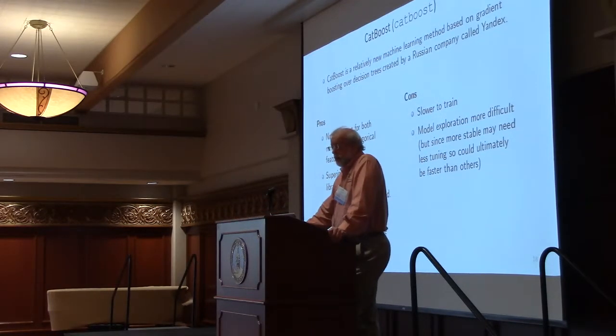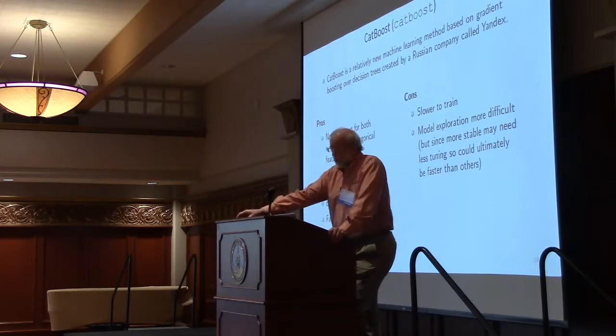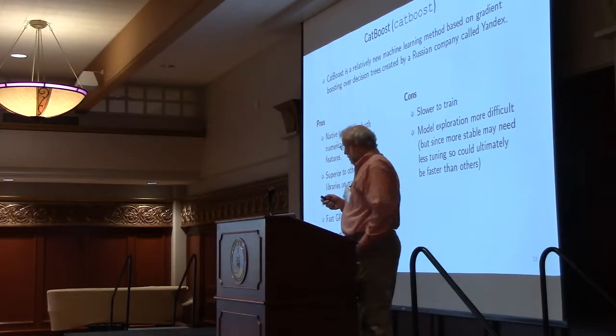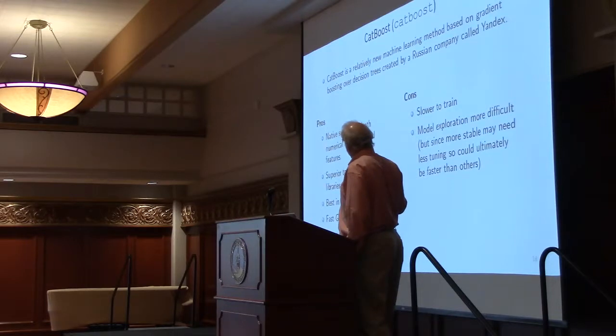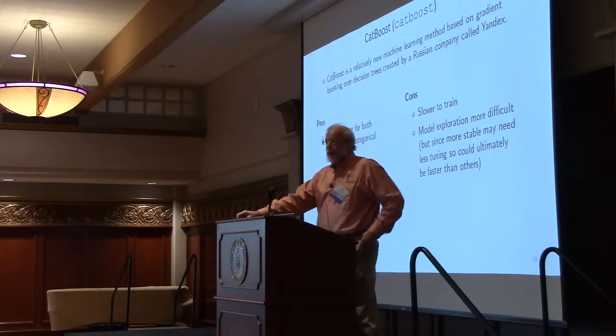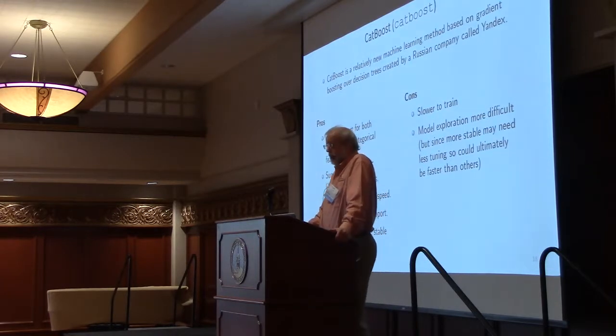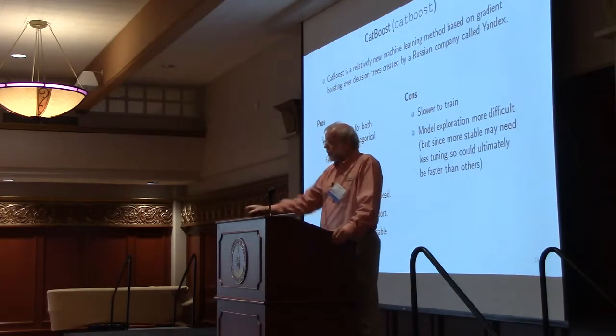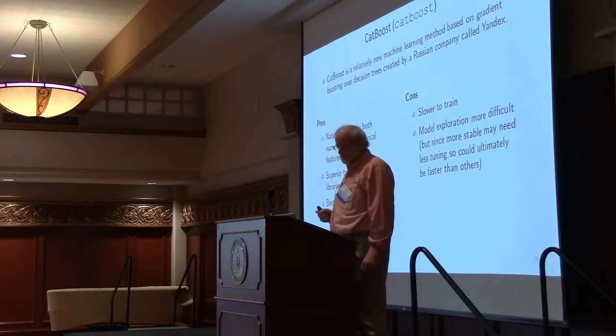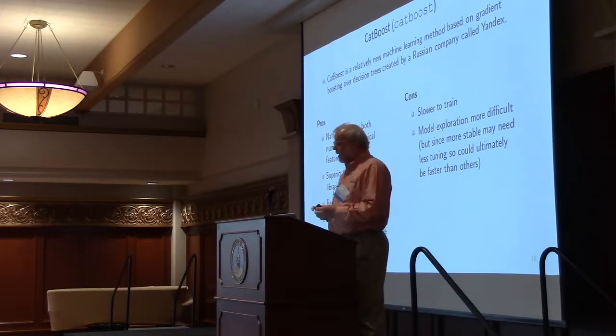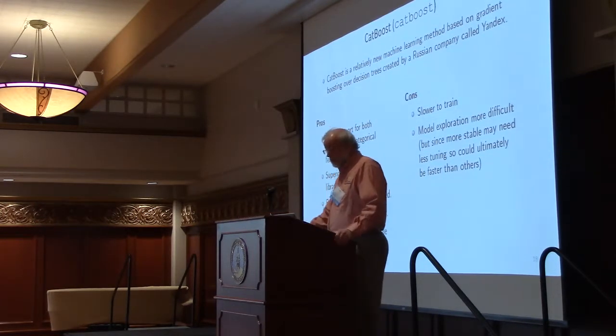even newer method called CatBoost. And the big benefit of CatBoost here is that it's really made to handle categorical variables and categorical dependent variables, which is what I have. I have which of 5 drugs people are going to recommend. On the other hand, there are some downsides to it.